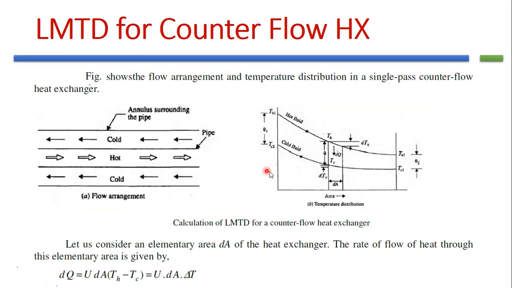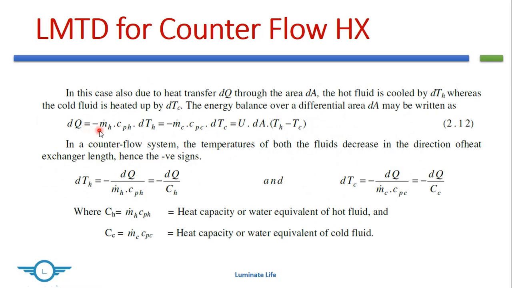So if you are going in this direction, the temperature of the hot fluid decreases, as well as the temperature of the cold fluid. So we will have dq equal to these equations. From there we are going to repeat the same procedure that we followed in the derivation for parallel flow heat exchangers.